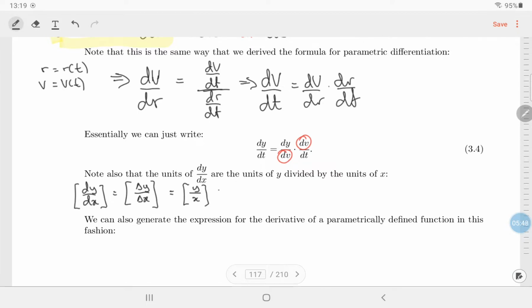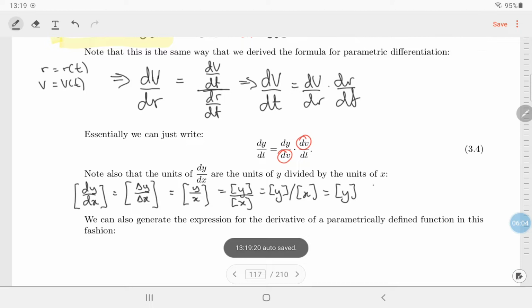And then the next bit, you're just going to have to take my word for it, is the units of y divided by the units of x. So this square bracket means units of, which is the same thing as the units of y. So you could write per units of x, or you could write units of y per units of x. They're the same thing.